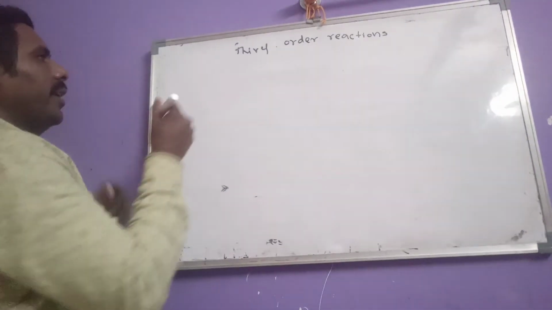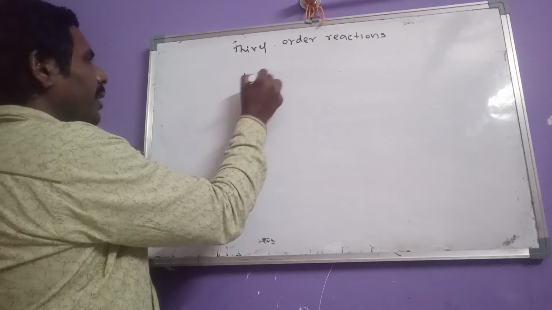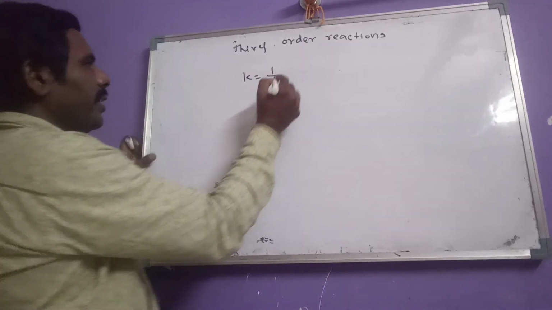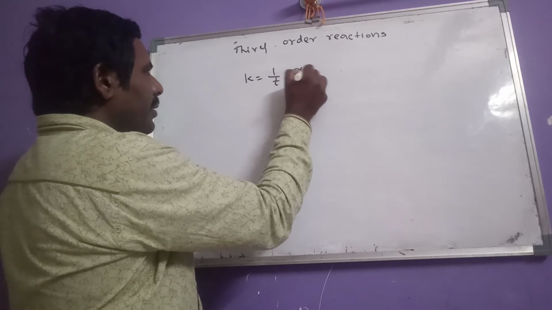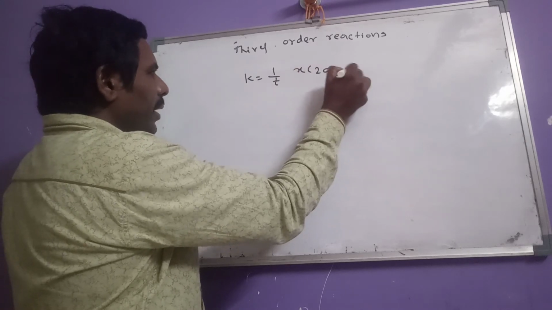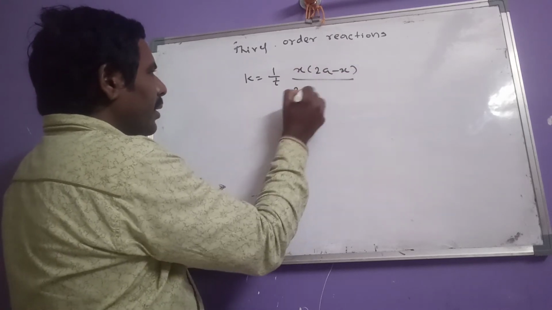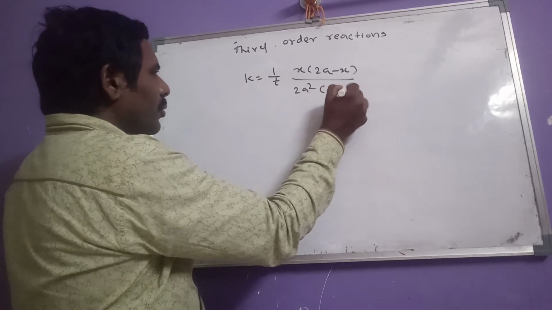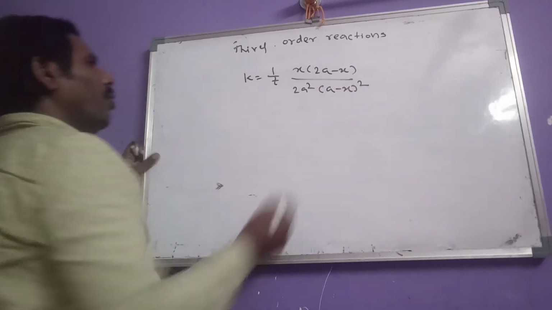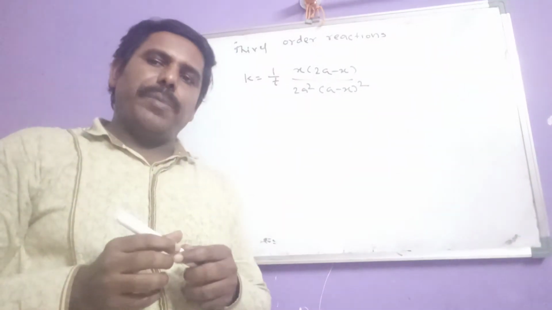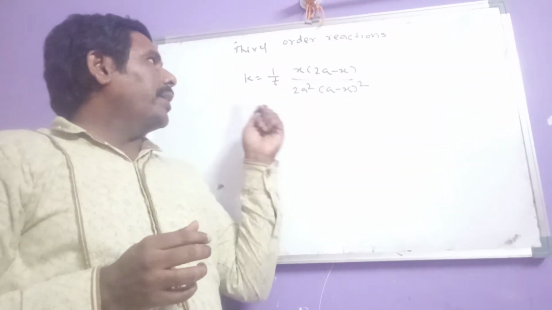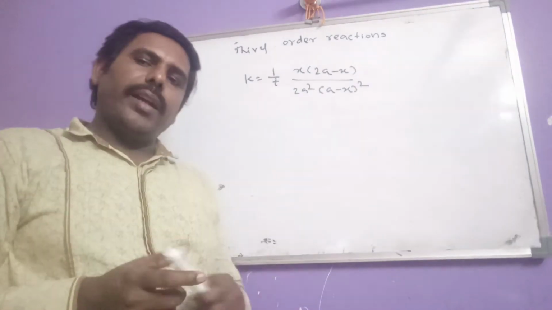Let us see. k equals 1 by t into x into (2a minus x) by 2a square into (a minus x) whole square. So this is the rate constant expression for third order kinetics.